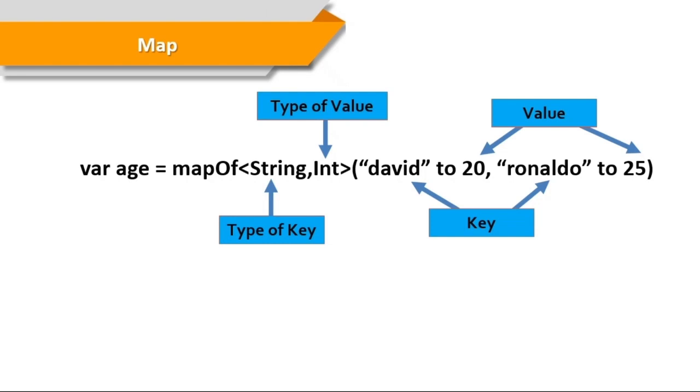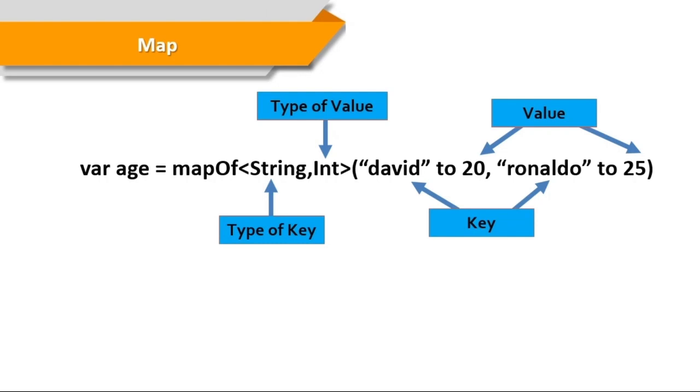Between the chevron marks, we need to write 2 different data types. The first data type will be the type of key that represents the element we will add to the array. And the second data type will be the type of element that we want to add to the array. So in our example here, the key's type is string, the element's type is integer.